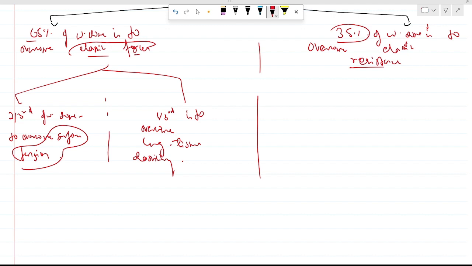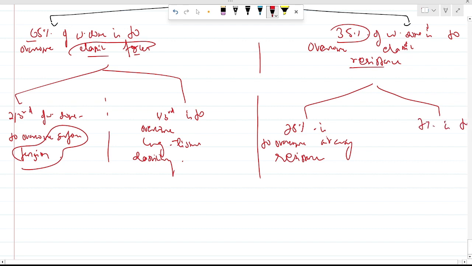Now over to this 35%. 28% of work done is to overcome airway resistance. The remaining 7% is to overcome lung tissue resistance.